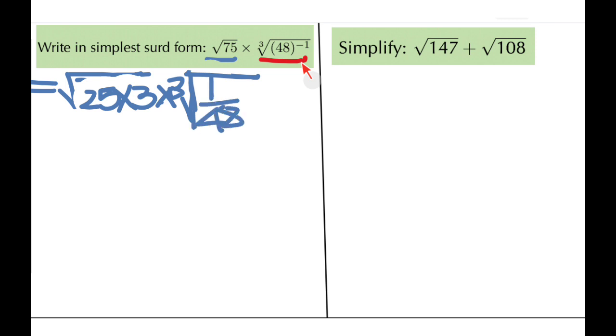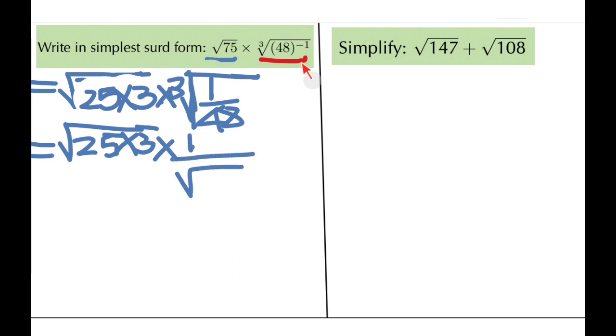So this cube root of, so that is equals to the square root of 25 times 3 multiplied by cube root of 1 is 1 over the cube root of 48. We're breaking them up. All right.